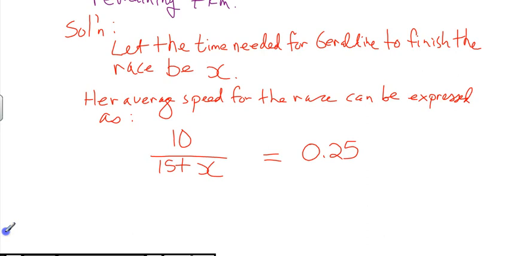And we want the distance in kilometers, which is 10, divided by the time in minutes, to give us an average speed of 0.25 kilometers per minute. So this is in kilometers, this is in minutes, this is in kilometers per minute. The units all match up. So that's really the expression for her average speed.